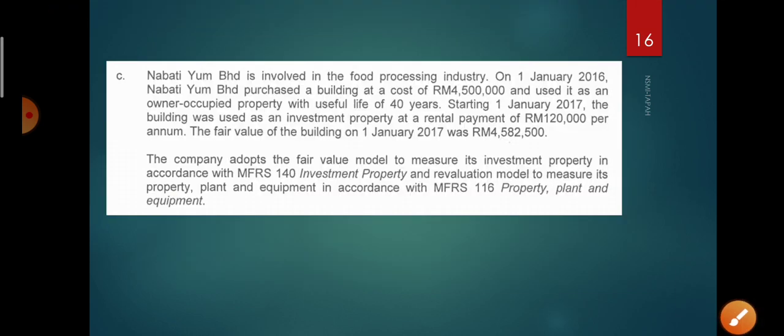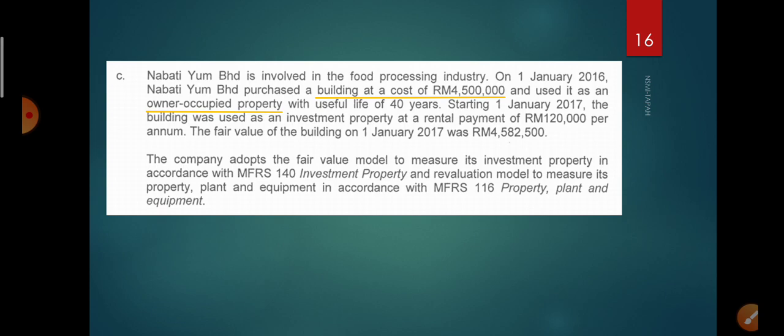So next, C. Nabati Yam Berhad is involved in the food processing industry. On 1st January 2016, Nabati Yam Berhad purchased a building at a cost of 4.5 million and used it as an owner-occupied property with a useful life of 40 years. Starting from 1st January 2017, the building was used as an investment property, right?